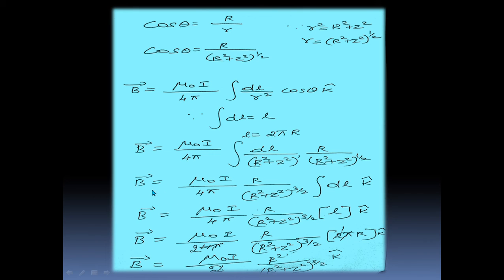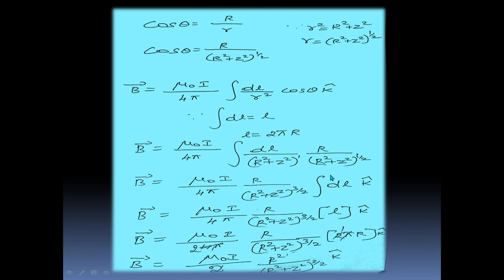The next step is B vector is equal to mu naught I divided by 4 pi, r divided by r square plus z square, the whole power 1 by 2. Because the bases are equal, the powers should be added. Power 1 plus 1 by 2 is nothing but 3 by 2. So r divided by r square plus z square, the whole power 3 by 2, integration of dl into k.